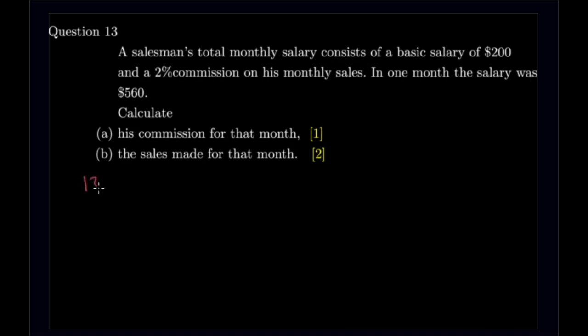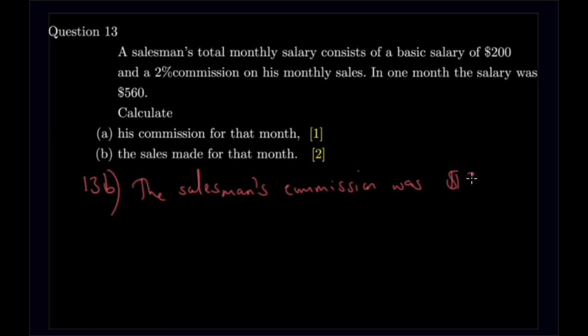And part B asks us the sales made for that month. So the salesman's commission was, we got 360 from part A. There are a handful of ways to do it, but basically you can use simple proportion.